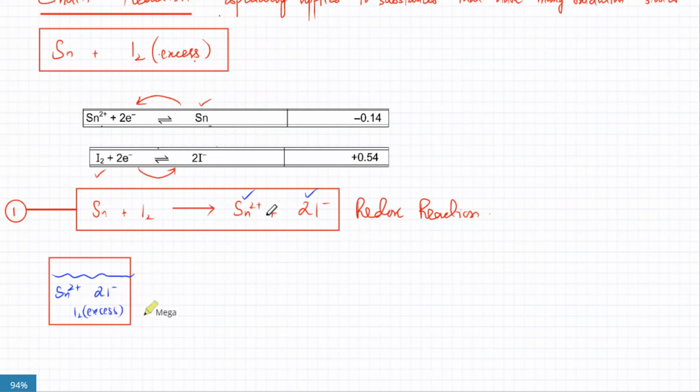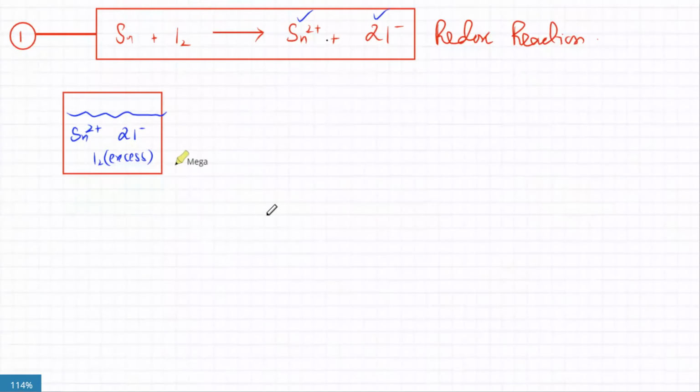So I'm going to watch out for another reaction. Would there be another reaction that's going to happen if these things are present? Remember, tin 2+ and 2I- are produced, and the iodine is in excess.